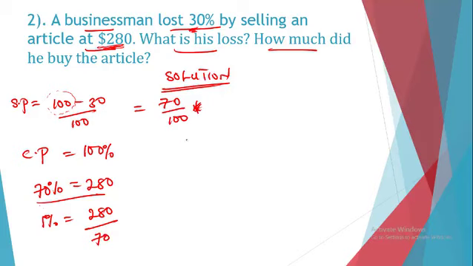So we then have that 100% is equal to 280 over 70 times 100 over 1.